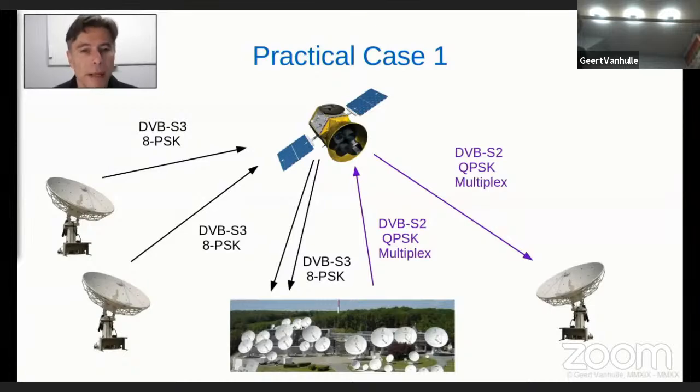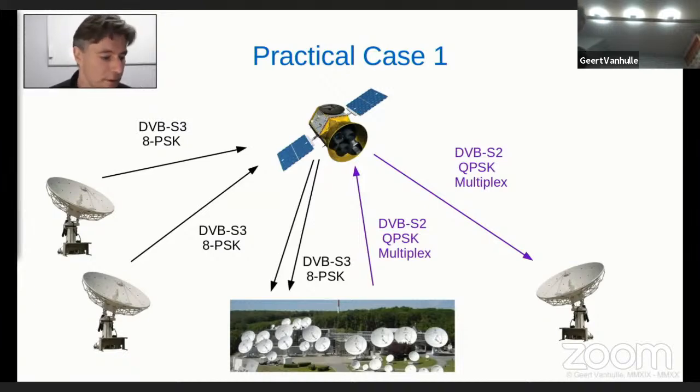And it will be modulated again in DVB-S2 QPSK, sent back up to the satellite, and then it goes to the receiving stations for contribution receiving. So what we see here is that all of a sudden we don't need 1 transponder slot on the satellite, but we need 2. So the bandwidth doubles.